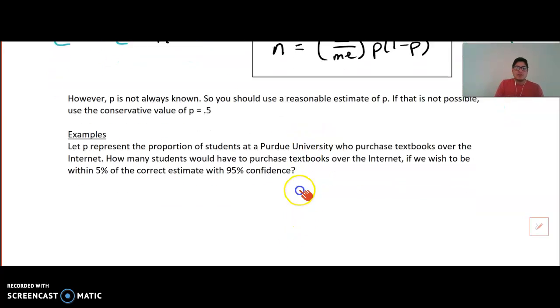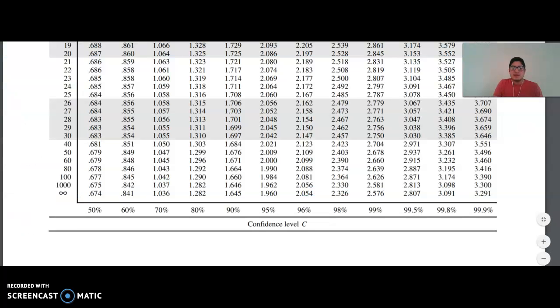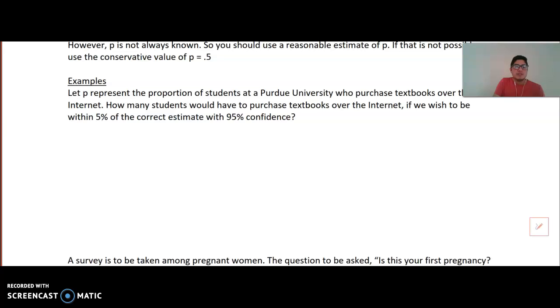We need our knowns. So here, 0.95, I'm going to go back to the table. Here at 0.95, our z value will be 1.96. So I'm just going to label my knowns here. I know that z of 0.95 is going to be 1.96.